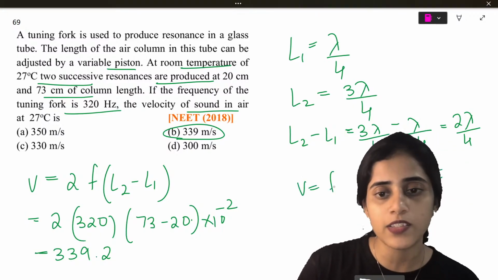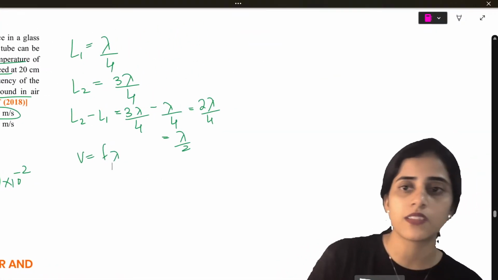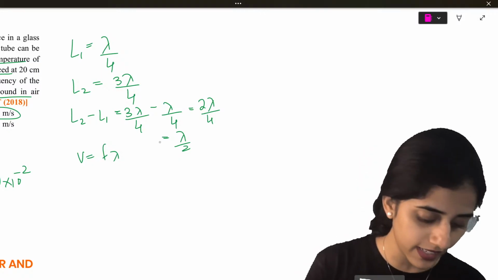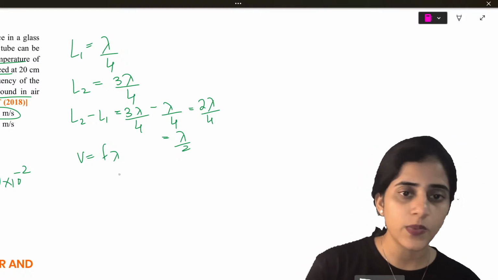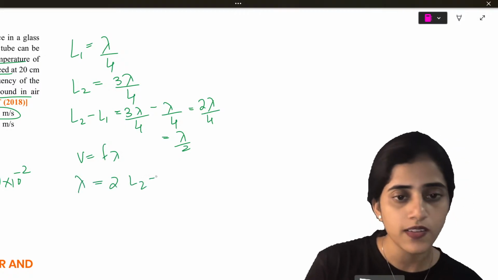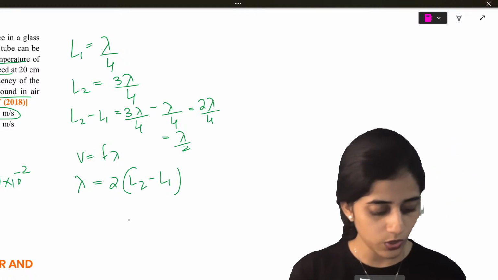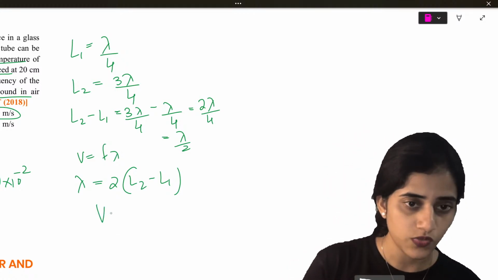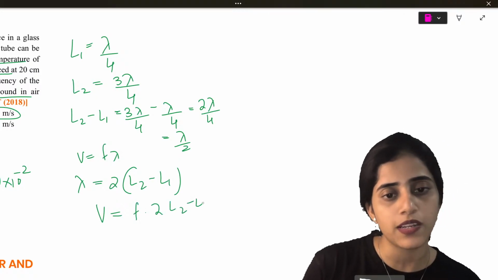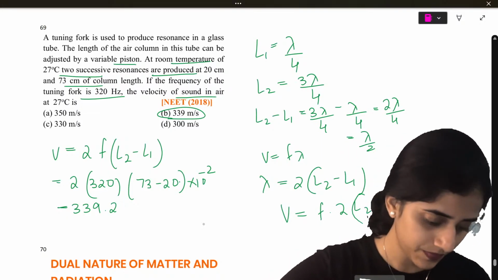And V is equal to f lambda. This is just a derivation part, not important. Those who know the formula can write it directly. V is equal to f lambda, and lambda is 2(L2 minus L1). So you will substitute: V is equal to f into 2(L2 minus L1). That is the equation that I directly used.